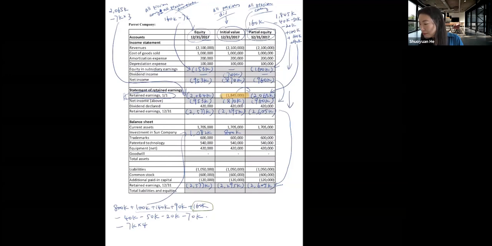And if the firm has been using the partial equity method, we can just use 1,082,000, and then we add back the amortization. So amortization shouldn't be taken out. And this will give you 1,110,000. And then the last thing is, if you add up all of the assets, you are going to get your total assets.